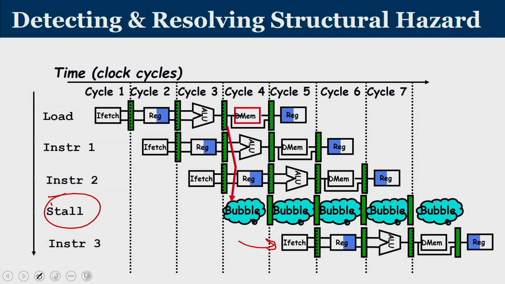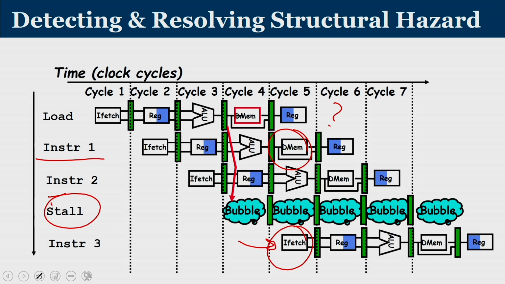Now it will be interesting to note that you may get a doubt, what if this memory access that is happening for instruction 1 is going to have a conflict with the already shifted instruction fetch of instruction 3. You may wonder whether this will create a hazard or not.